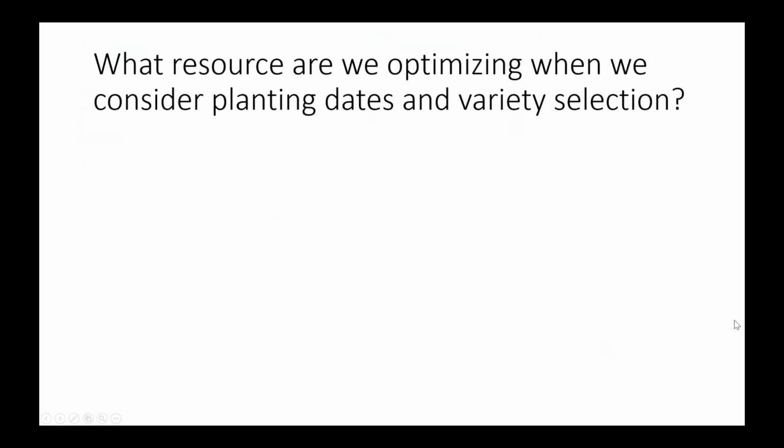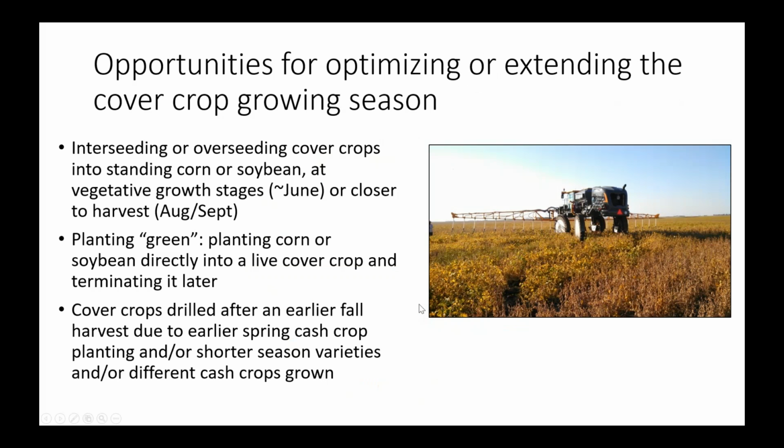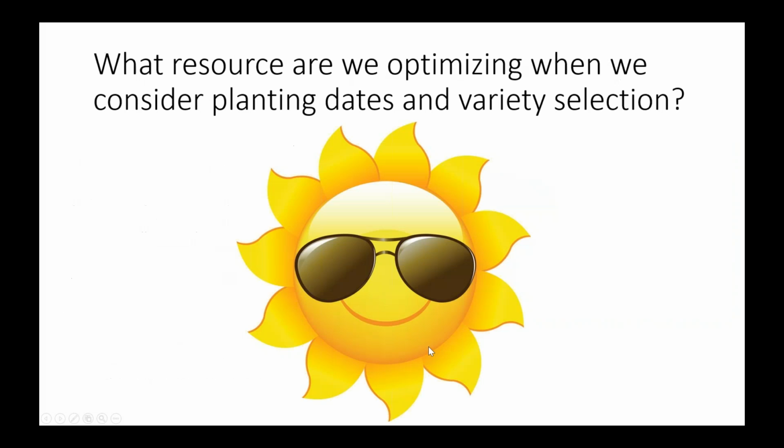And so related to this, what resource are we really thinking about optimizing when we're considering planting dates and variety selection? I'm going to go back and show my shining sun again. This is what we're thinking about, right? We are really thinking about optimizing our growing season.